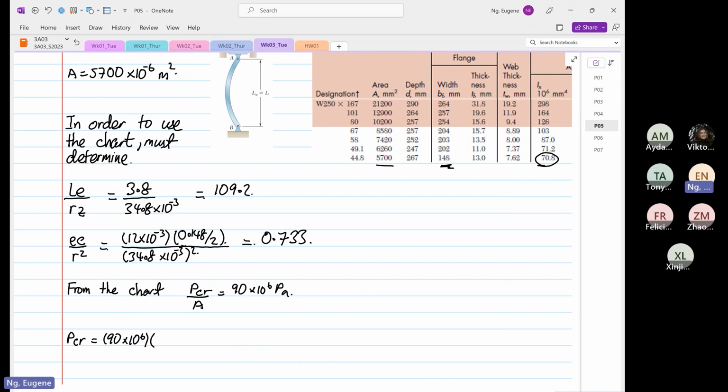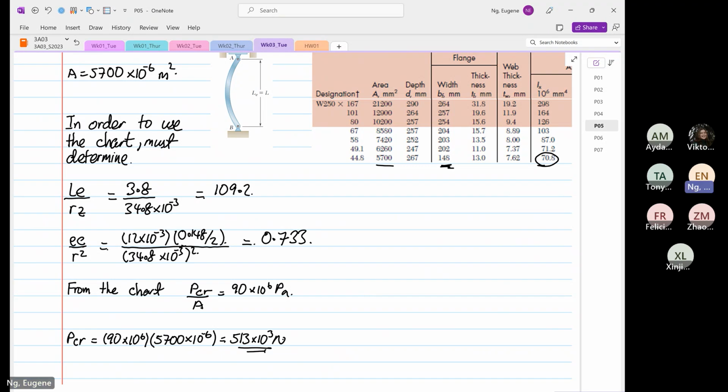So from here, we calculate our critical load, which will be equal to 90 times 10 to the power 6 multiplied by your area, which is 5700 times 10 to the power minus 6. That is equal to 513 times 10 to the power 3 Newton.